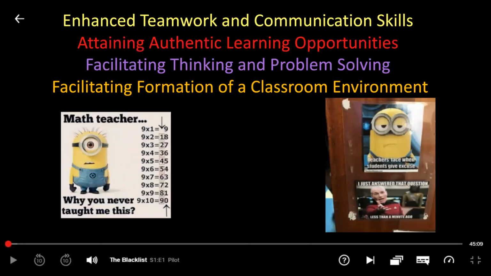Their thinking and problem-solving skills improve every day, every time, since they have to think out of the box and they are faced with the most realistic situations. And this actually helps them in the classroom environment because they know they can count on their friends or their classmates or people they don't know but work in the same environment.